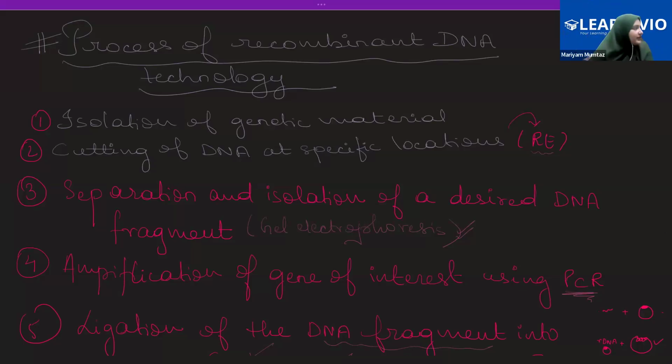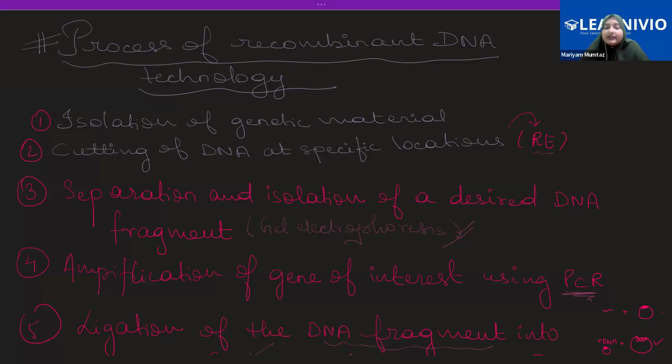Then the gene of interest has to be cut at specific locations with the help of the restriction enzyme. Later on, the cut DNA fragments have to be separated and isolated using a method called gel electrophoresis, which separates the fragmented DNA depending upon the electric field.